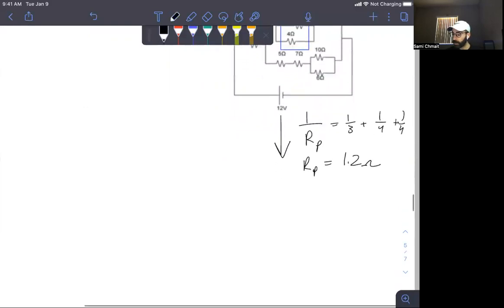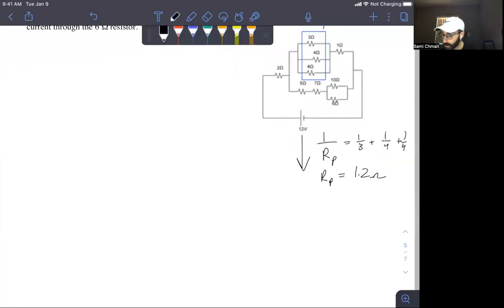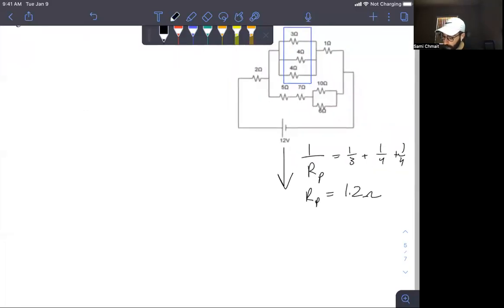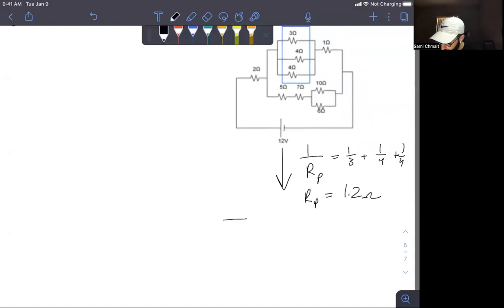Okay, so at this point, you're going to redraw the diagram. That's always fun.